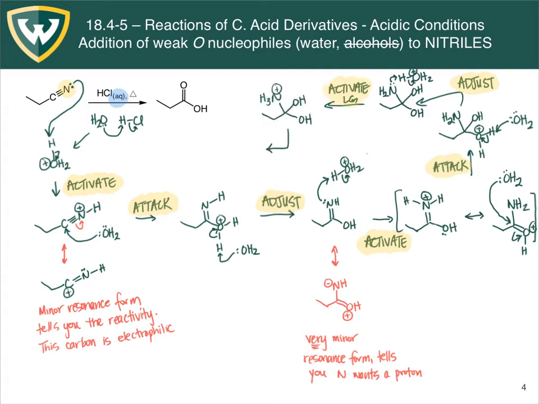So we'll kick out our leaving group, and that'll give us the protonated form of the carboxylic acid, which we can just deprotonate using water to get to the product. So overall, the mechanism is just like when you do the hydrolysis of an amide, except that you have an extra activate, attack, and adjust step.